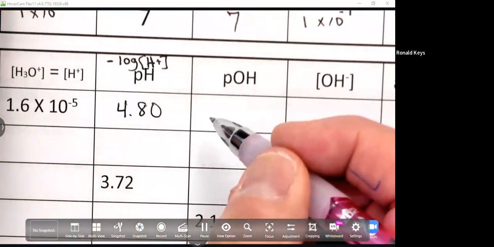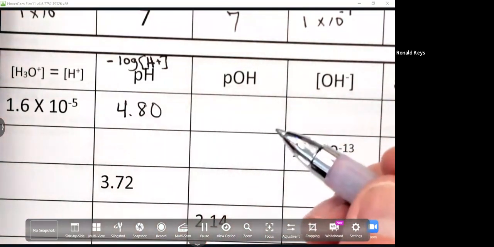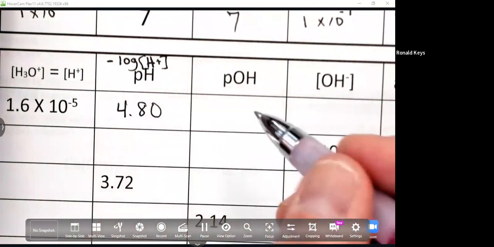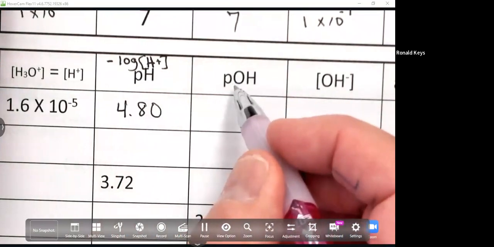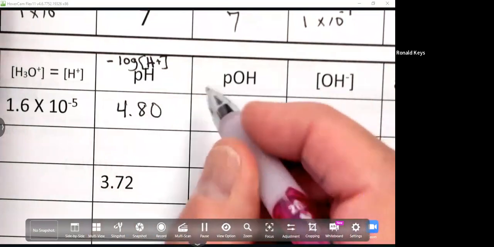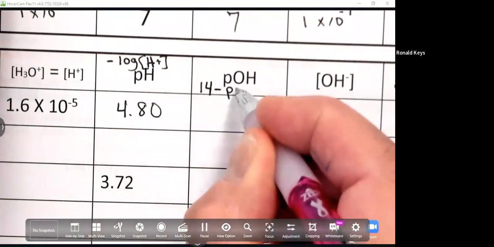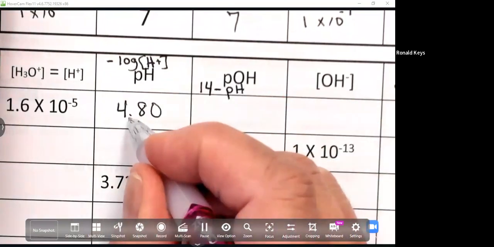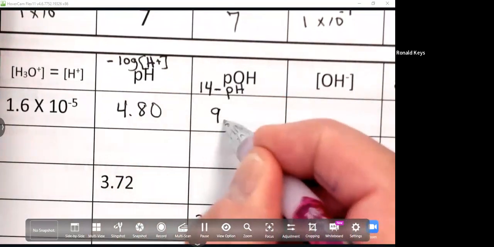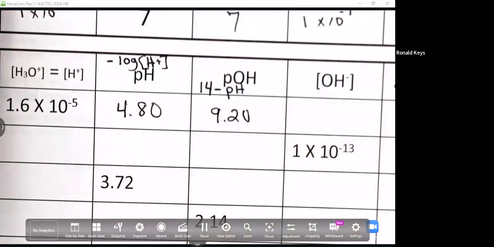Okay, 4.80. My pOH is 14 minus my pH, so 14 minus my pH would get me 9.20.